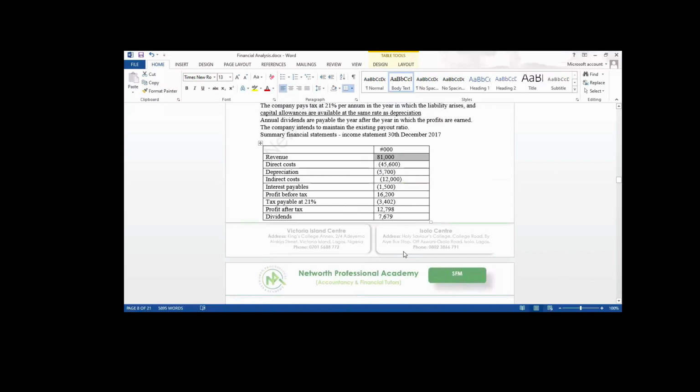If you are to work that out, you are going to have receivables divided by revenue.